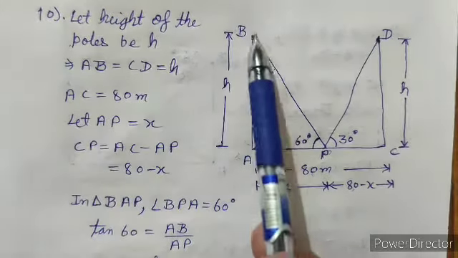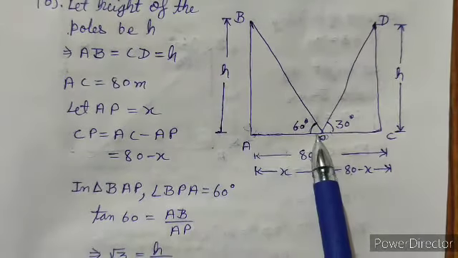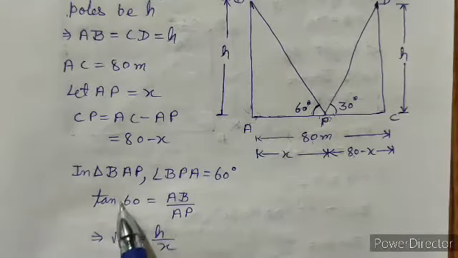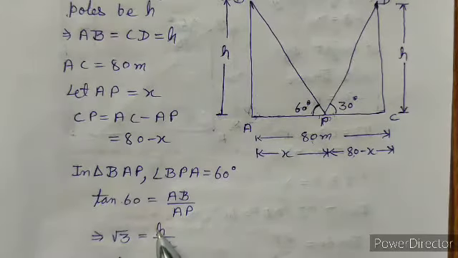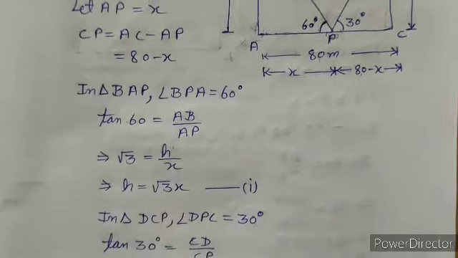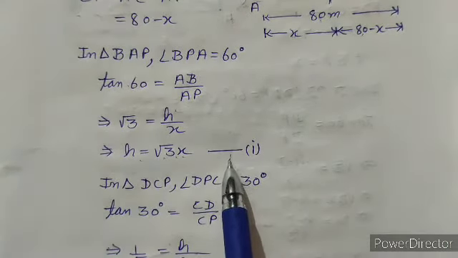Now in triangle BAP, tan 60 will be equal to AB upon AP. Here the value of tan 60 is root 3, and here we have taken AB as h and AP as x. Now that will give us h is equal to root 3x.